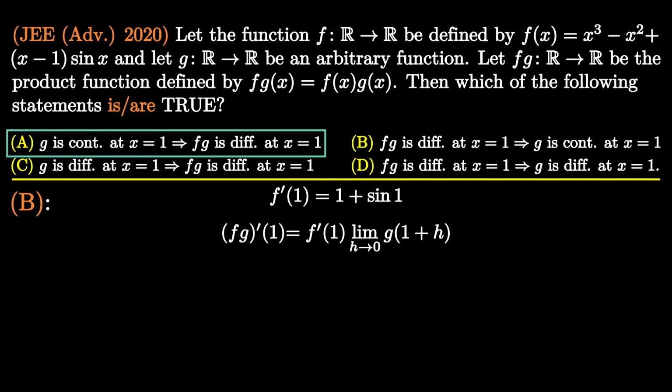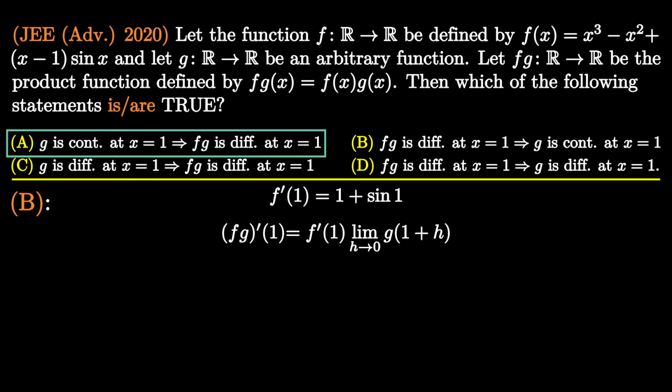Now the question is, can we find such a discontinuous function g? But the deeper question is, who is motivating us to find such a function? The motivation comes from the observation that we have already noticed that the derivative of f(x) into g(x) at x is equal to 1 is equal to f dash 1 into the limit of g(1 plus h) as h tends to 0.